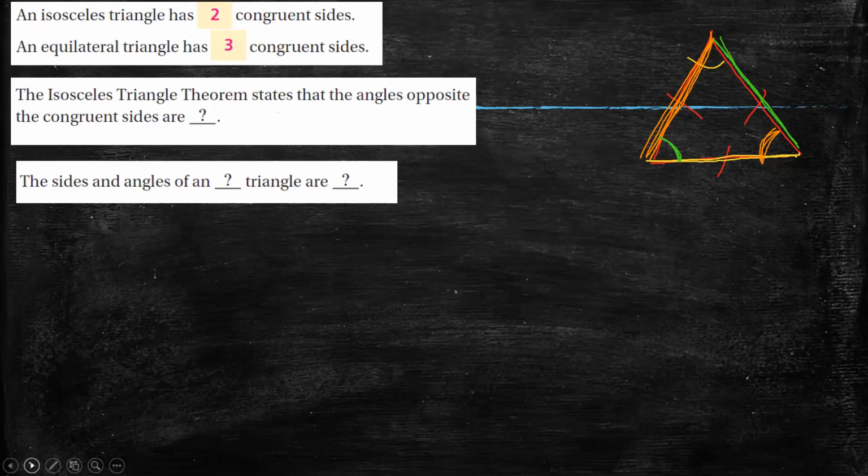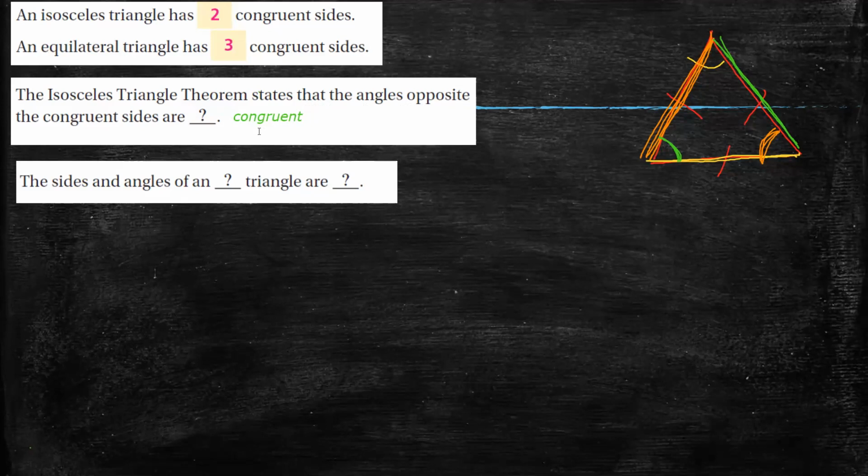Now, the question: the isosceles triangle theorem states that the angles opposite to the congruent sides are... who can tell me? Congruent, yes. So in the isosceles triangle, the angles opposite to the congruent sides are congruent. The sides and angles of which triangle are congruent? Equilateral.